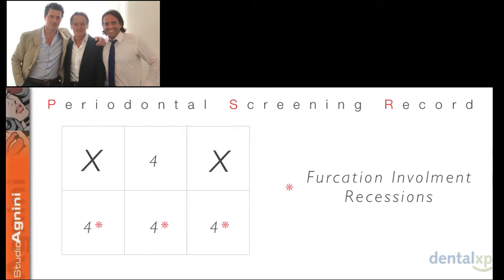And we know that the periodontal screening record goes from 1 to 4, and 4 is the worst value that we can give. And especially in the lower arch, there was furcation involvement, there were recessions. So again, another piece of information.